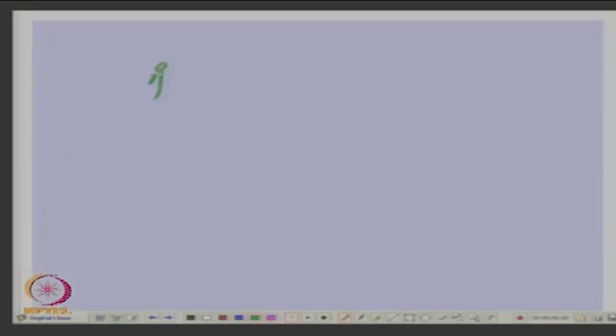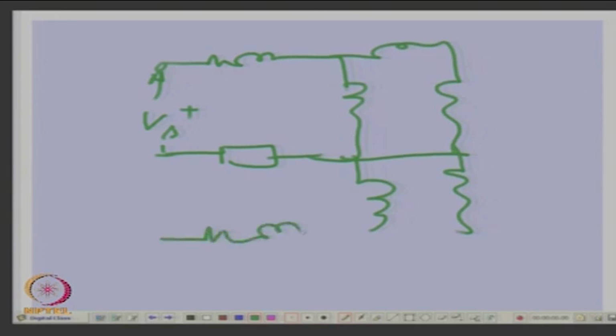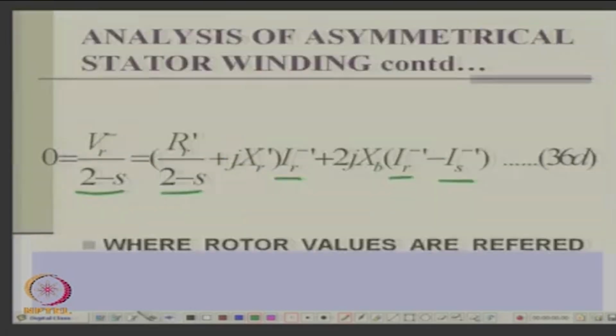So we have Vs plus. Two phase we have done, and you are also able to get it in the same manner.